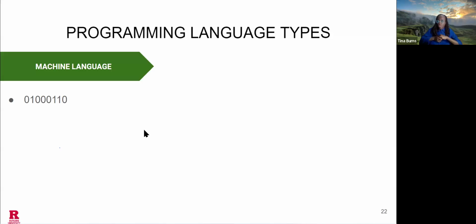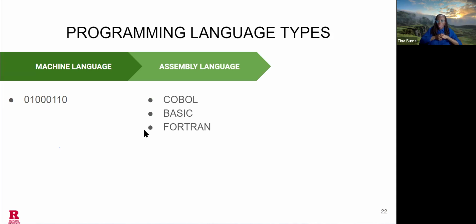So let's look at some of these examples, all right? Machine language is pretty simple. It's going to be zeros and ones. So there's an example of that. When we look at assembly languages, those were languages that were used in the 19th century, in the 20th century, and some of them are actually still being used today, by the way. Some of the programs at my job are actually in, I think, Cobalt, not COBOL.